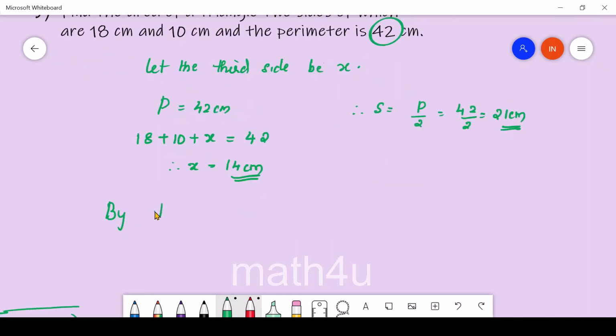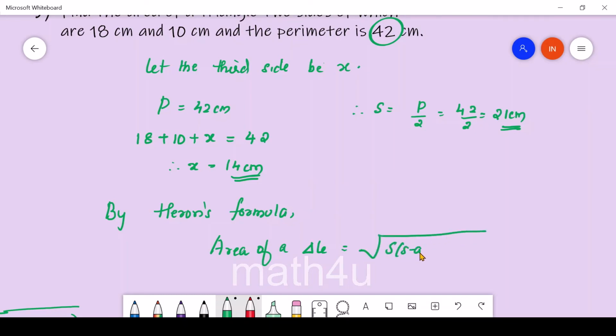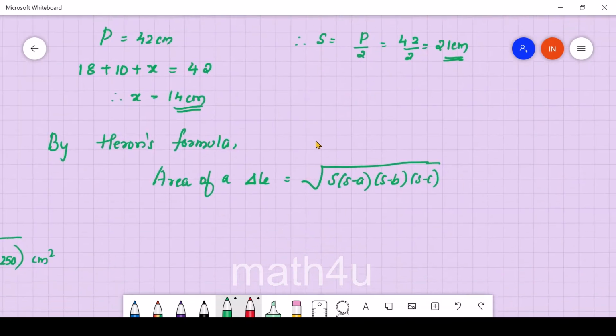By Heron's formula, area of the triangle will be equal to root of S into S minus A into S minus B into S minus C, right? Now just substitute the values.